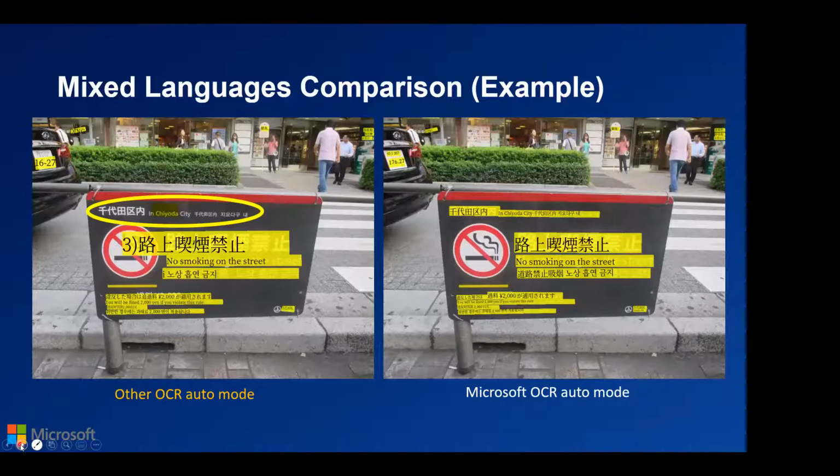Just to show you some of these results. This is an example of a mixed language image, which contains many different languages. And you can see that the advantage of us running a universal text detector is that we are able to detect all these texts without being aware of what language it is.